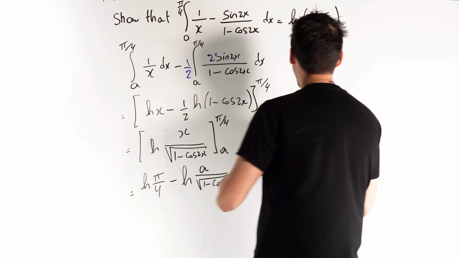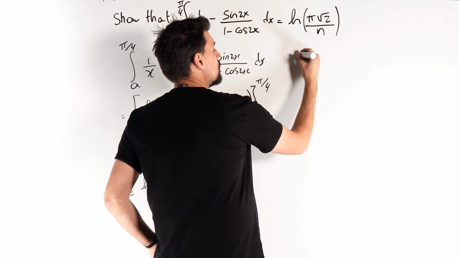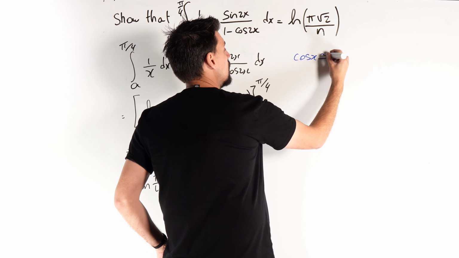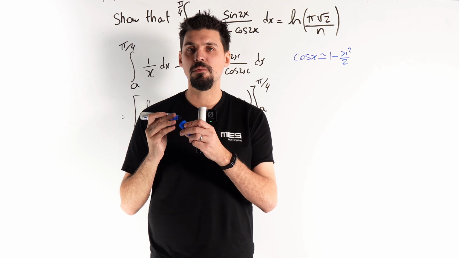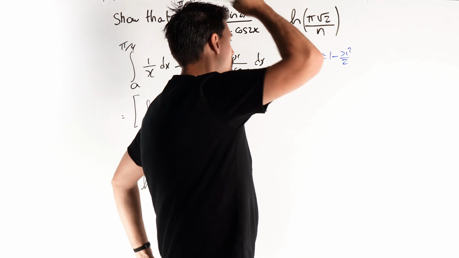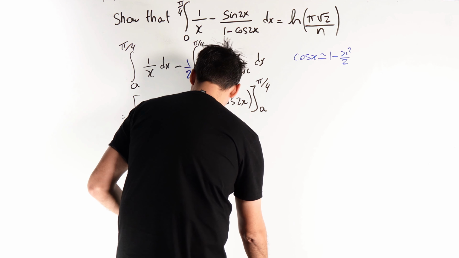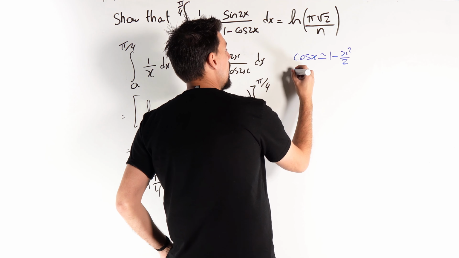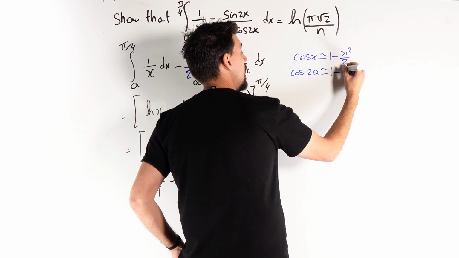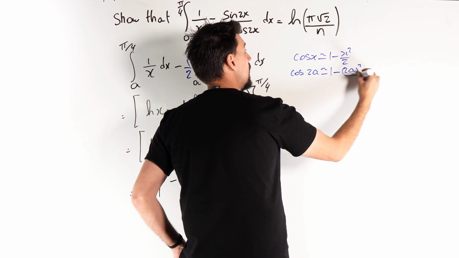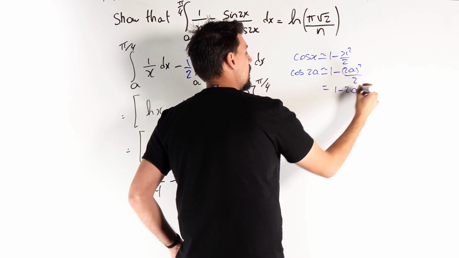For 1 minus cos 2a, my suggestion is, what if we use our small angle approximation? Which is just the first two terms of our Maclaurin series or Taylor series or whatever you want to call it. So if we have cos 2a, that is approximately 1 minus 2a all squared over 2, which is 1 minus 2a squared.